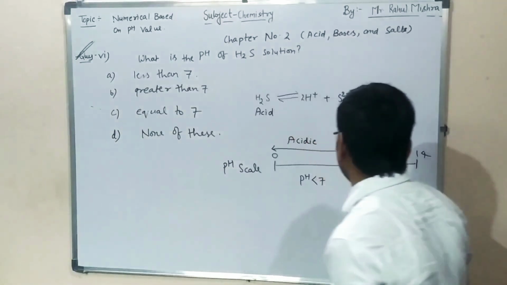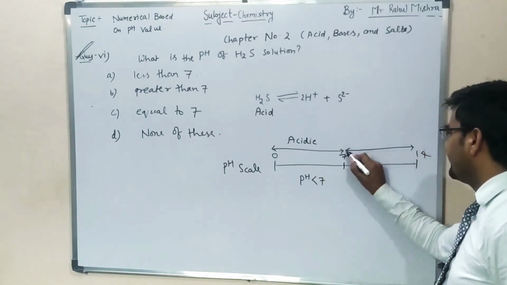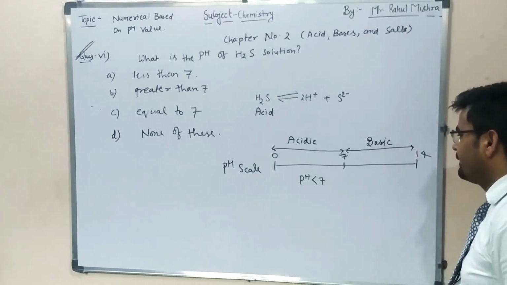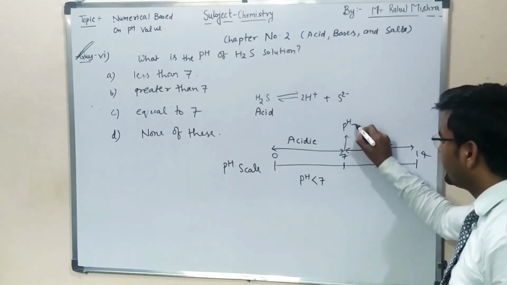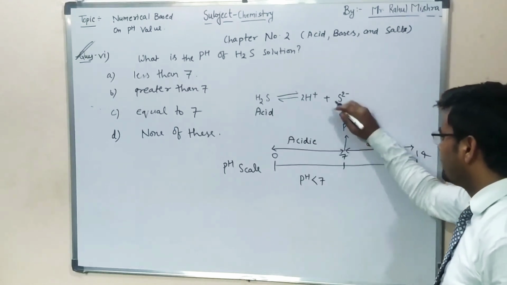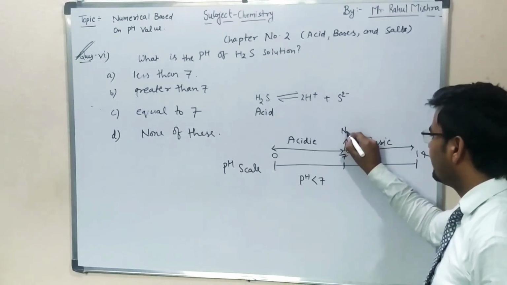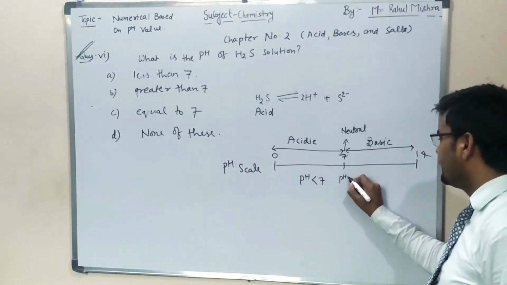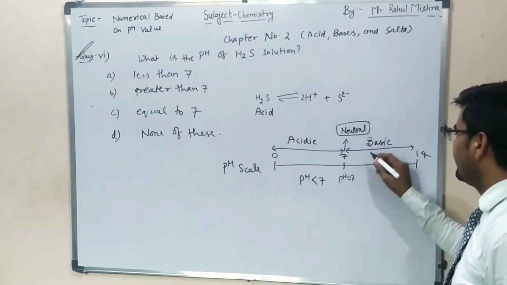If pH lies in the range of 7 to 14, then the nature of the solution will be basic. And if pH is equal to 7, then the nature of the solution will be neutral.